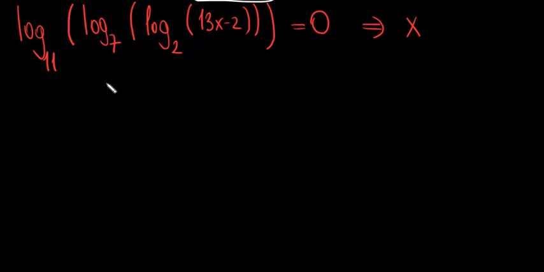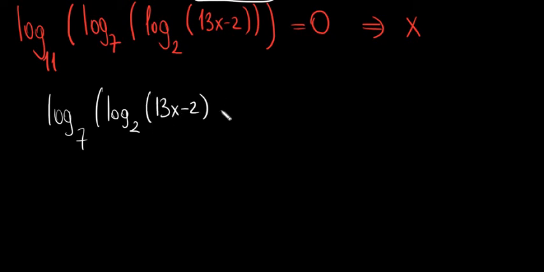So let's write, actually let's do it this way. I'm going to write log base 7 of log base 2 of 13x minus 2. So 11 to the power of 0 is 1.